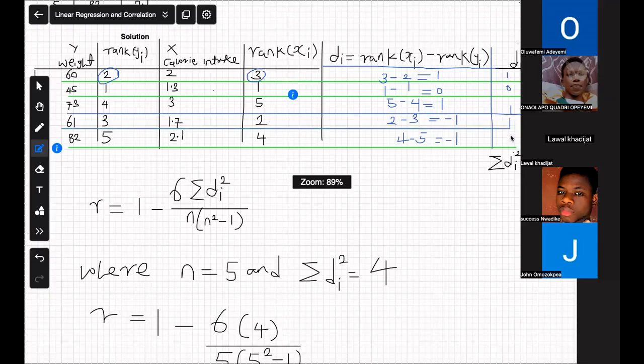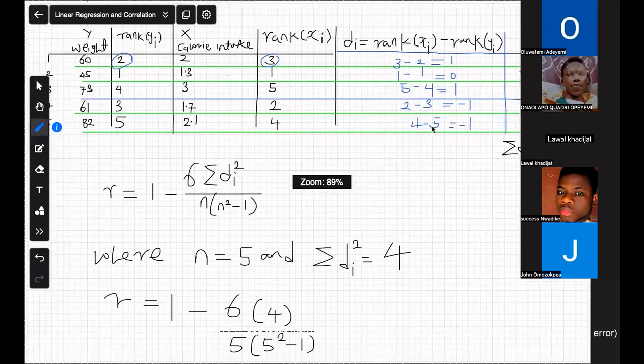So it becomes 1, becomes 1. So this one is also 1. So that's how we got 4. So if you are confused, you shouldn't be confused again.